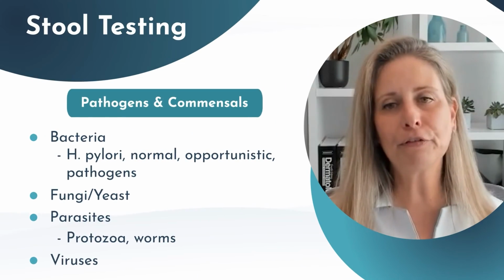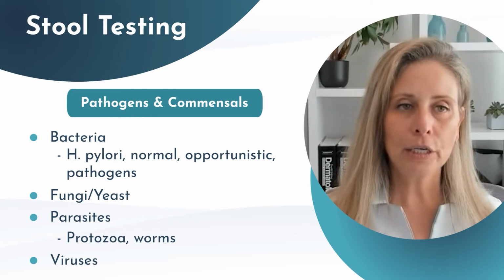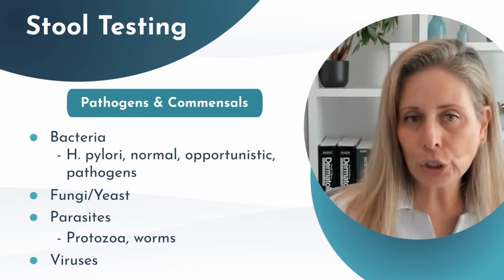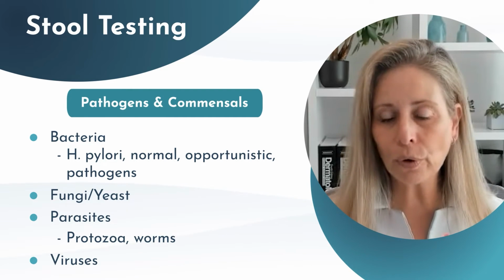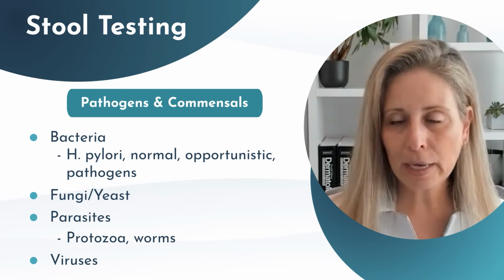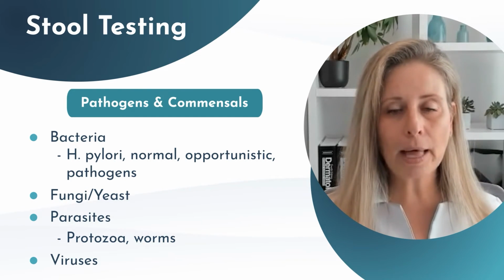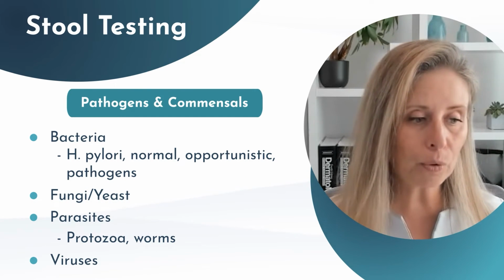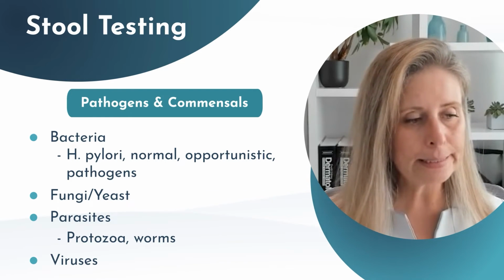Now, why I do stool testing is it does a tremendously good job at identifying bacteria in the gut. Is there enough of the commensal or good guy bacteria? What is overgrowing that should not be there? There is some analysis of fungal and yeast elements, parasites like protozoa and worms, some viruses.